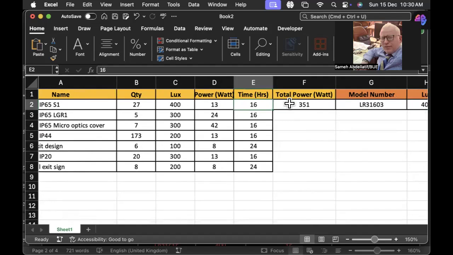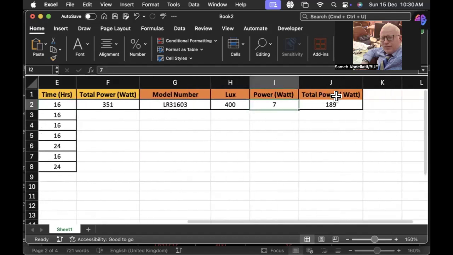So the total energy consumed here is this number times 16, and in the second one it is this number times 16. So it doesn't matter if you compare in terms of power or energy, because you have the same working hours. But when we go to level C of energy auditing, to reduce the number of working hours, we should by force consider the energy in our calculation. So this is the first point to consider.